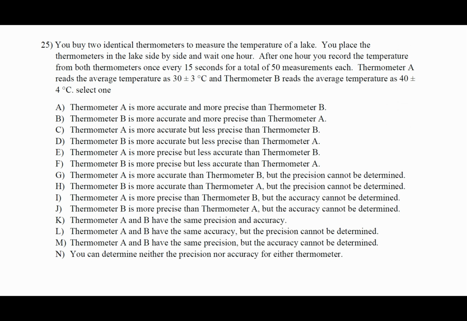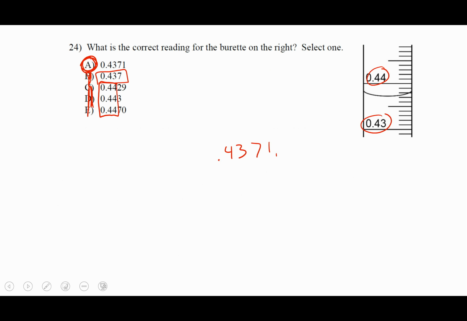You buy 2 identical thermometers and measure the temperature of a lake. You place the thermometers in the lake side by side and wait for 1 hour. After 1 hour, you record the temperature from both thermometers once every 15 seconds for a total of 50 measurements of each. Thermometer A reads 30 plus or minus 3, and thermometer B reads 40 plus or minus 4. Select one. We're looking at accuracy and precision. So what can we say about these two?